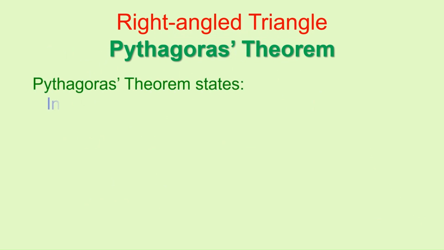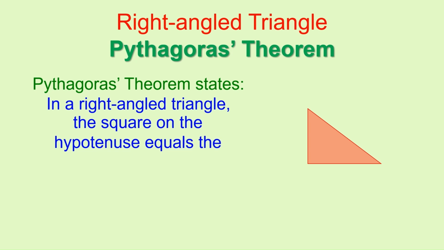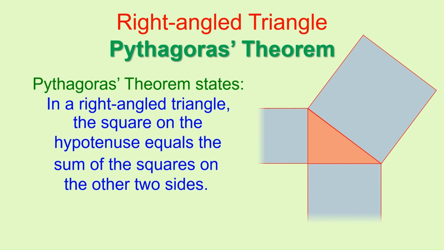Pythagoras theorem states, in a right-angled triangle, the square on the hypotenuse equals the sum of the squares on the other 2 sides. a squared plus b squared equals c squared.